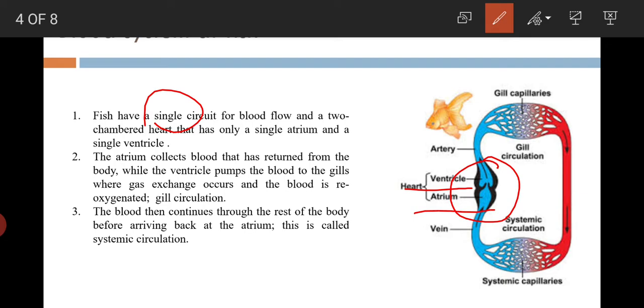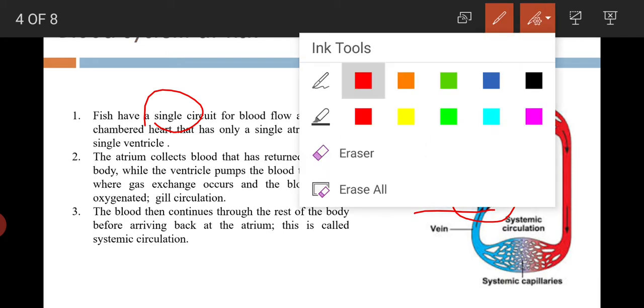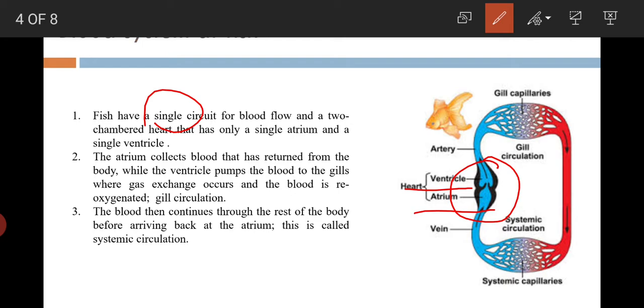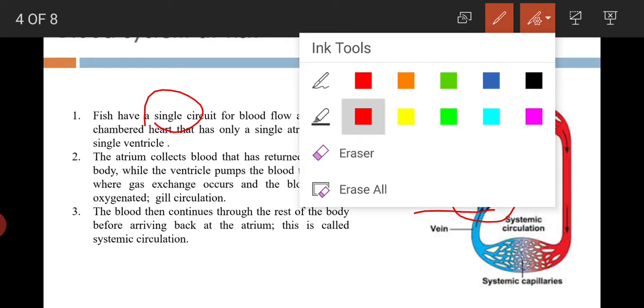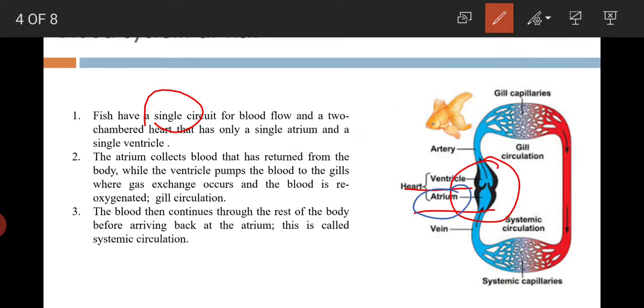The circulation starts in the atrium, which collects the blood with no oxygen that has returned from the body, and then it is moved to the ventricle, and from the ventricle it is transported to the gills.